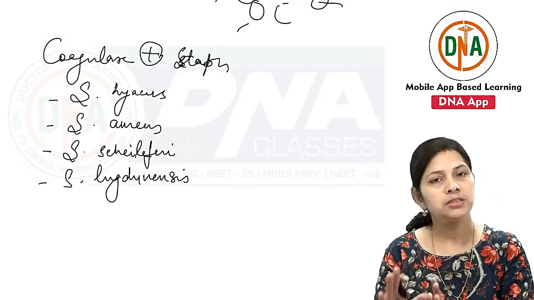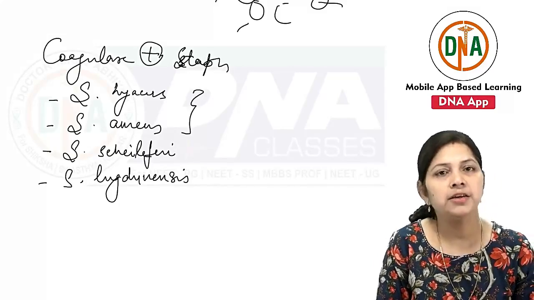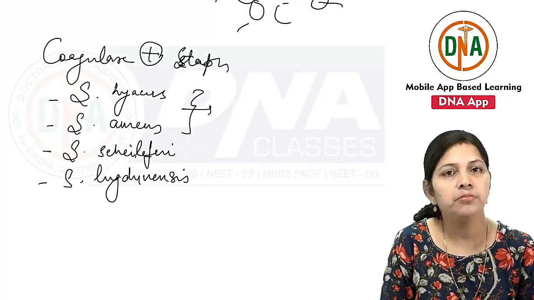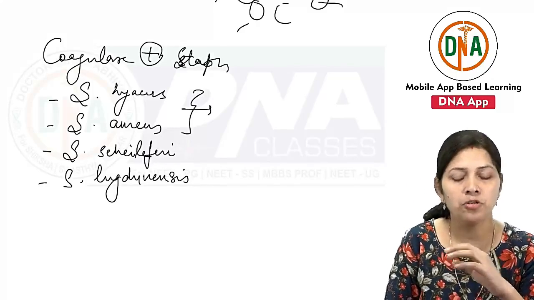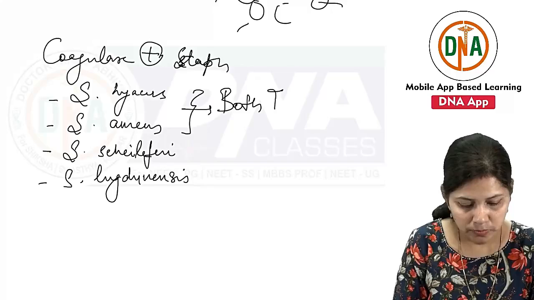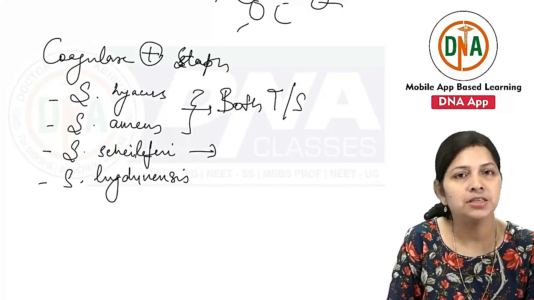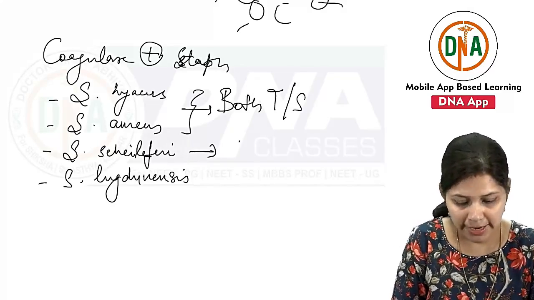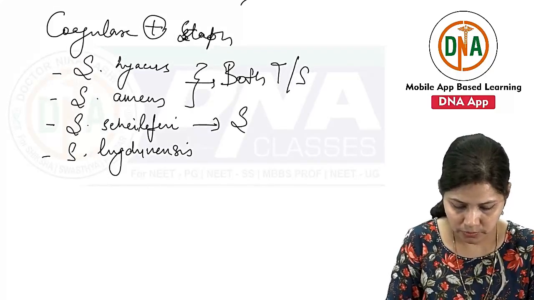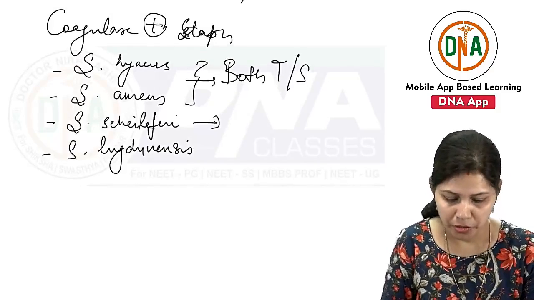Okay, these species are very important because Staph aureus is a classical example of both tube and slide coagulase test, whereas schleiferi is positive for the tube coagulase.